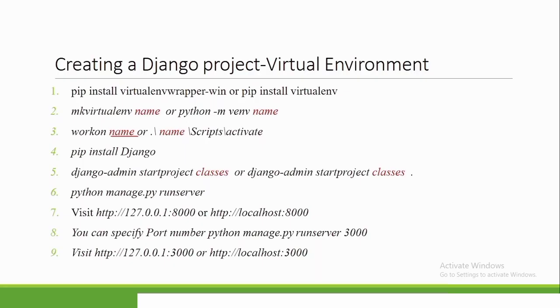So we have seen how to create a Django project. If you want to create a Django project in the virtual environment, first install the virtual environment, activate it, install Django in that, create a project and run the server. You can run the server on a different port number also, okay? And you can create a project with the help of this command or with the help of this command.